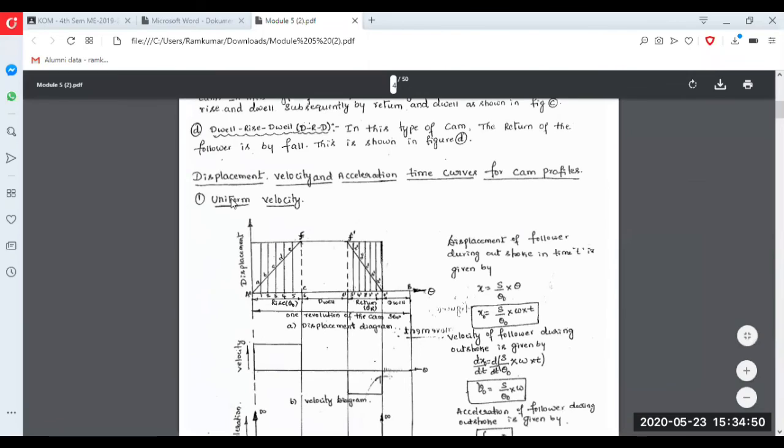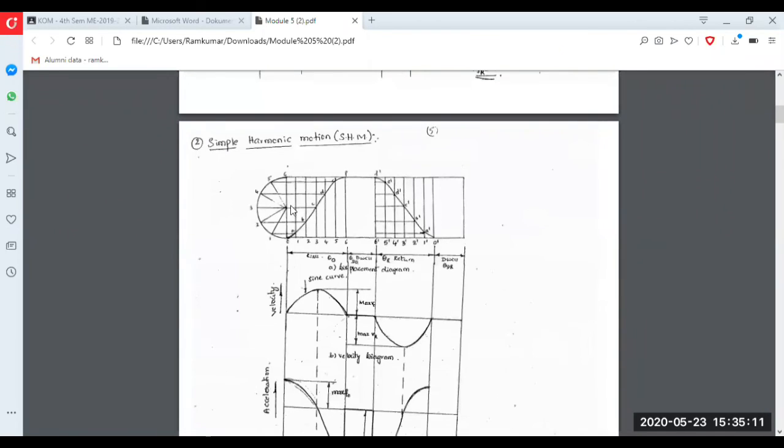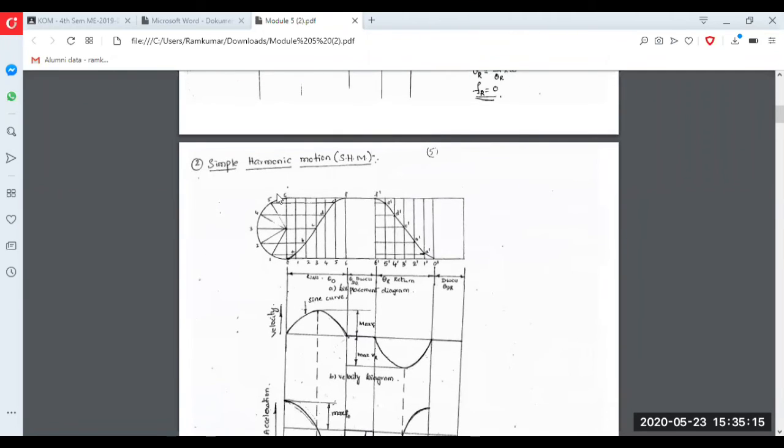If it is uniform velocity, you make 6 divisions and then just join lines from end point to end point. Wherever it cuts, you mark it as A, B, C, D, E, and here as A dash, B dash, C dash, D dash. So here we have to see different types of motion. For simple harmonic motion, we draw a semicircle and then draw projection lines.